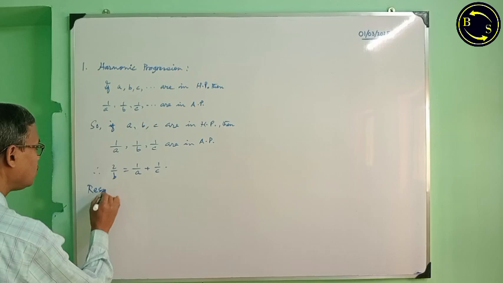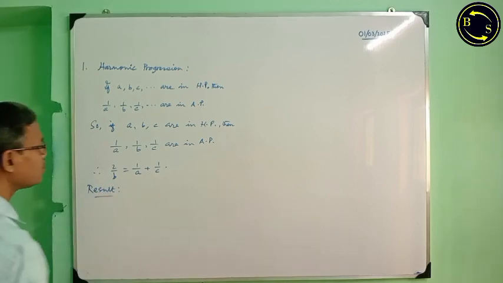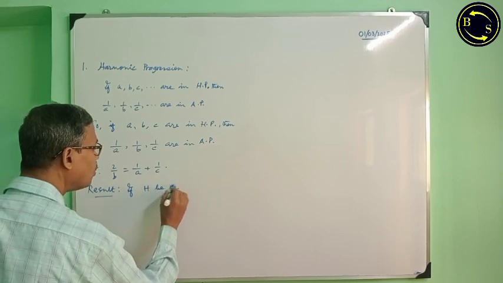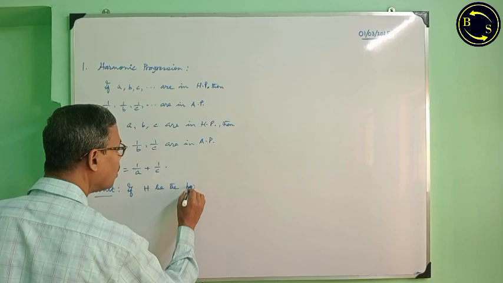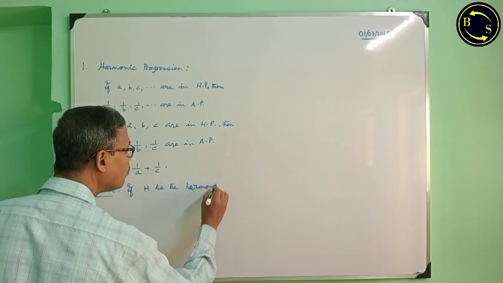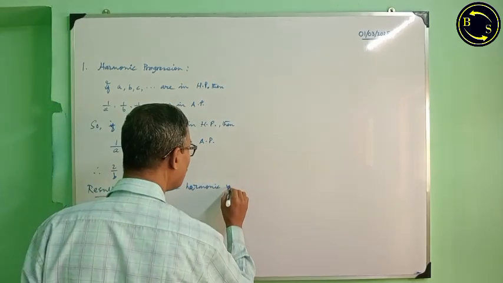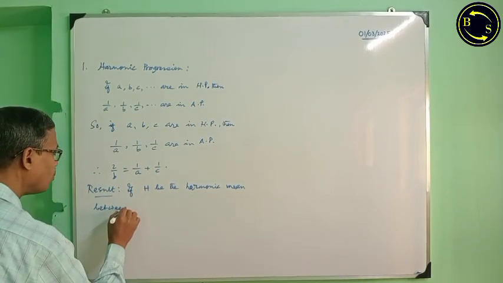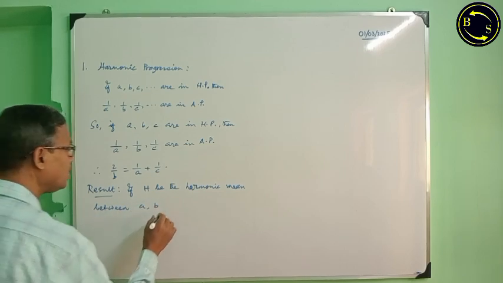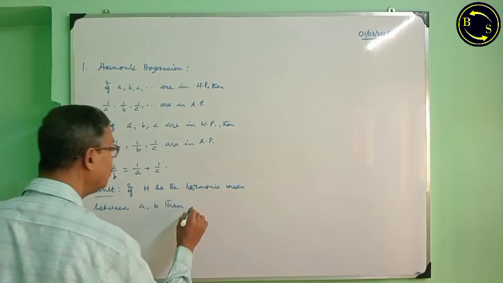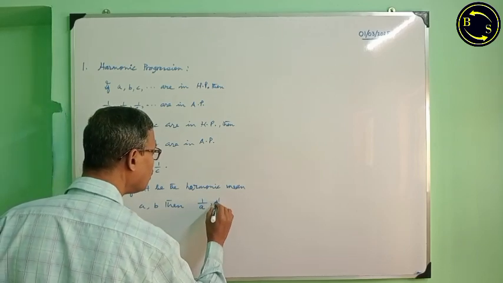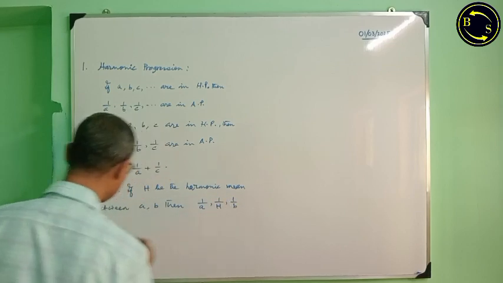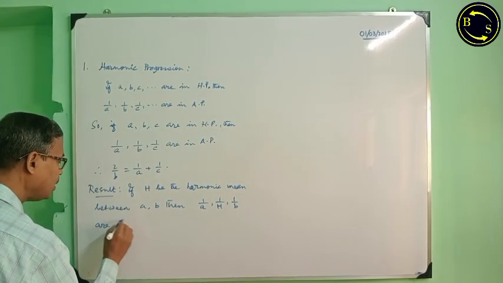Therefore, we can deduce this result: if H be the harmonic mean between A and B, then 1 by A, 1 by H, 1 by B are in AP.